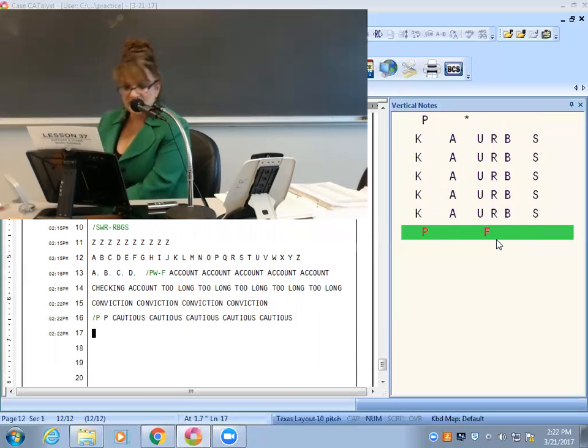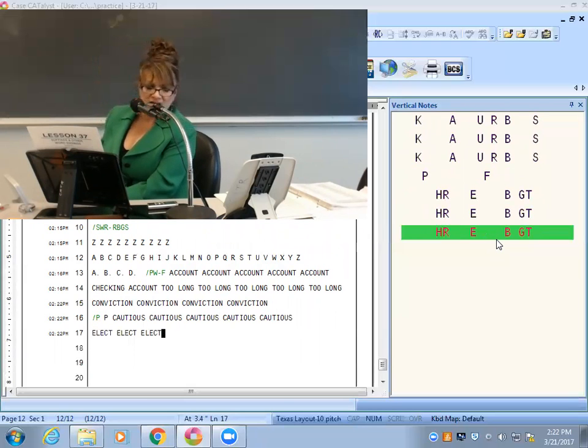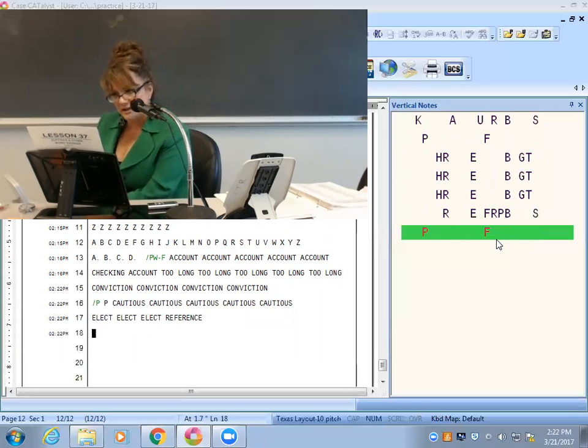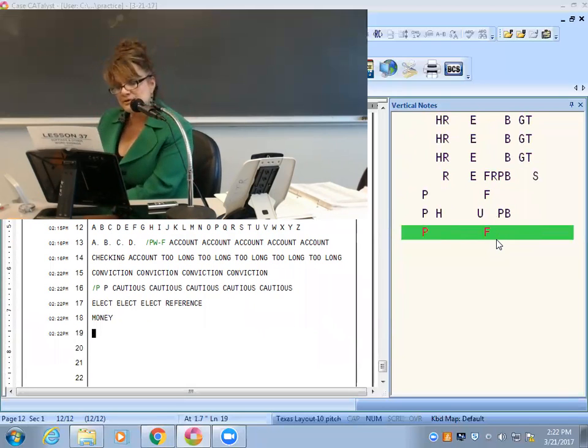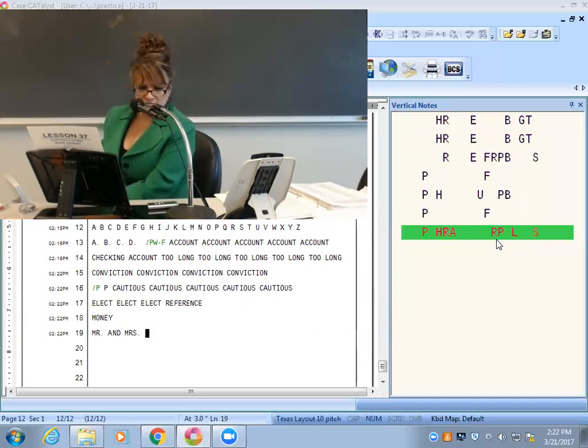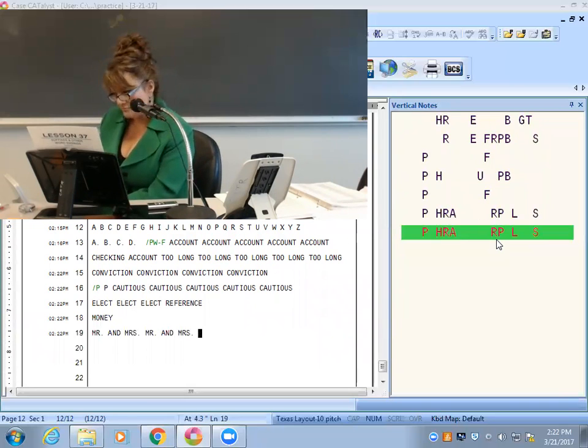You've got elect, I think is, yeah, elect is lect, LEKT. Reference, REFRNS is a brief. Money is MUN. Mr. and Mrs. is a brief, it's MARMS, MRARMS.